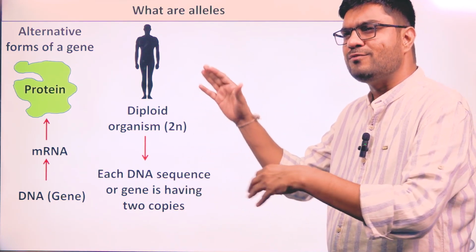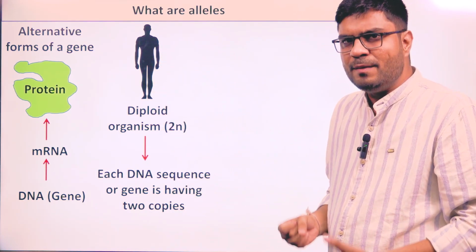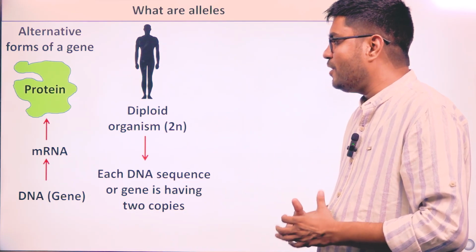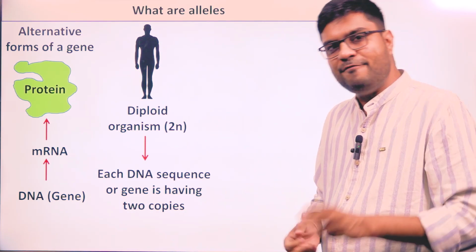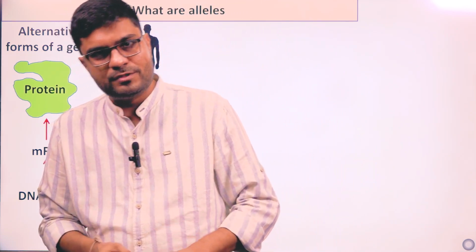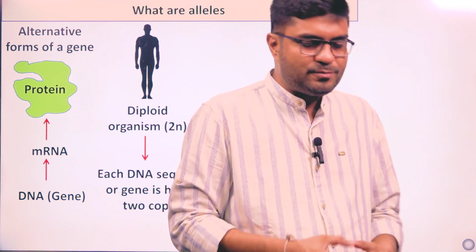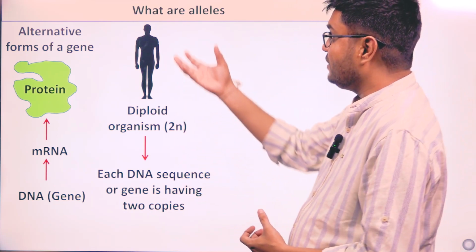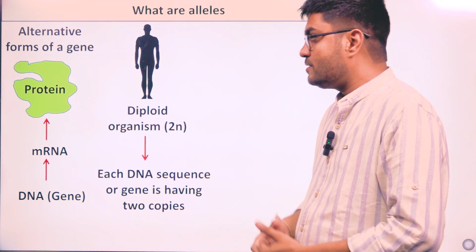So we call it what? Multiple alleles. But in a single diploid organism, every gene is having two copies, every gene is having two forms in terms of DNA sequences, and we are calling them alleles.